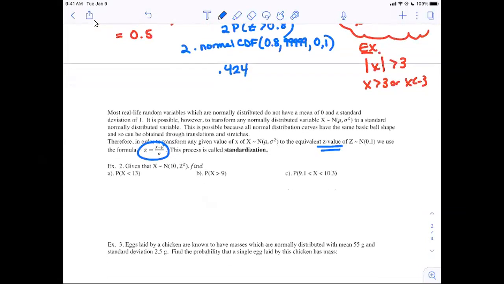So look at example 2. It says x is normally distributed with mean 10 and variance 2 squared. So what I know is mu is 10 and sigma is 2, because they're giving me sigma squared.